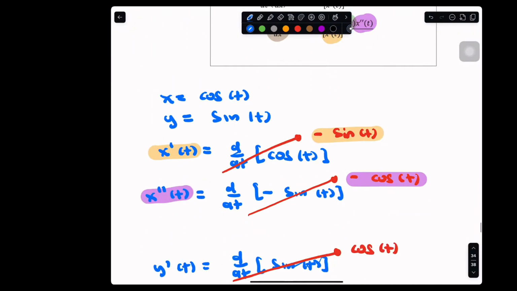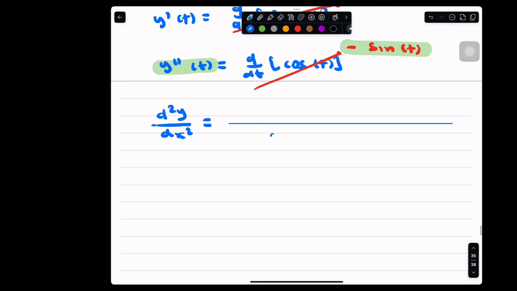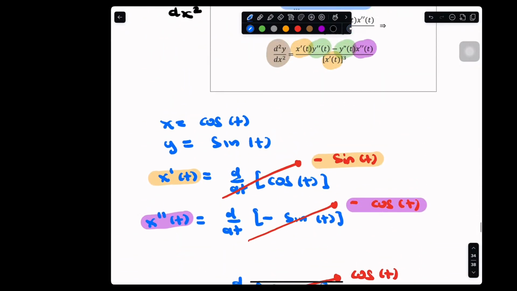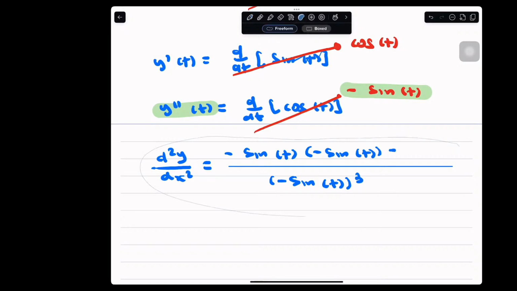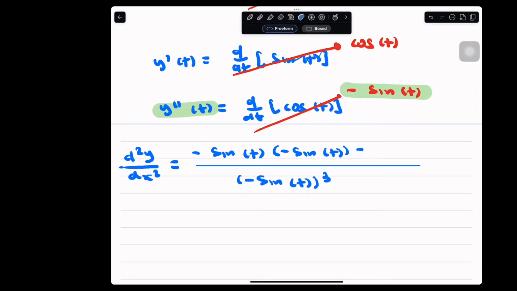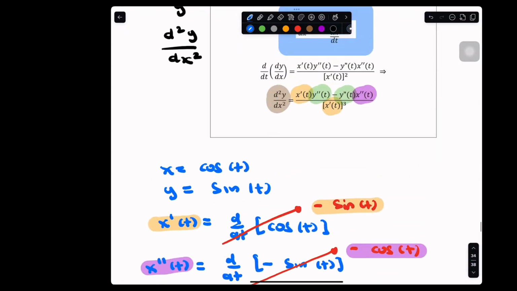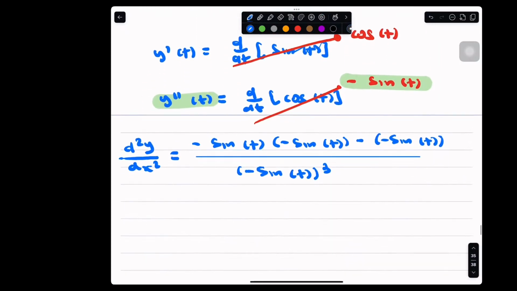So it's the orange. You're going to have minus sine t cubed, minus sine t up here. The green, another minus sine t, minus the minus sine t again. And then we have to multiply that with purple, which is minus cosine t.